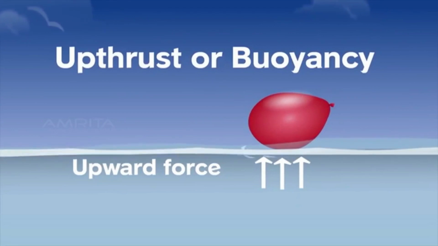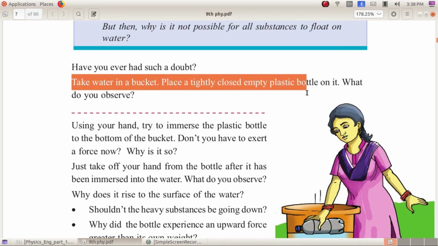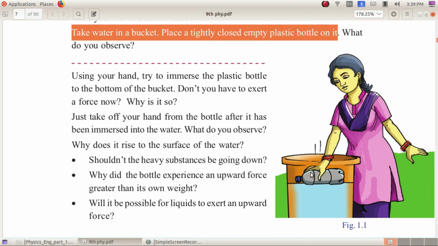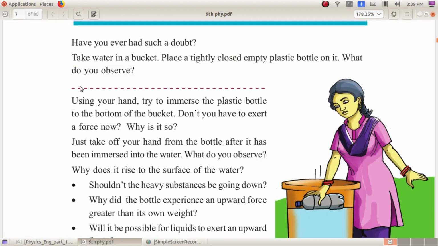Now, here is an experiment. Take water in a bucket. Place a tightly closed empty plastic bottle on it. Then what will you observe? We can see that the empty plastic bottle will float on the surface of water.